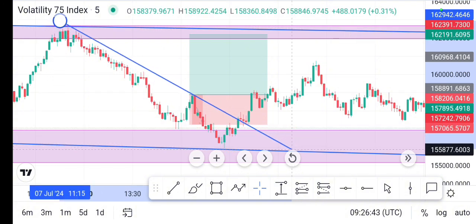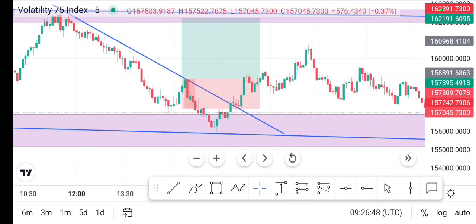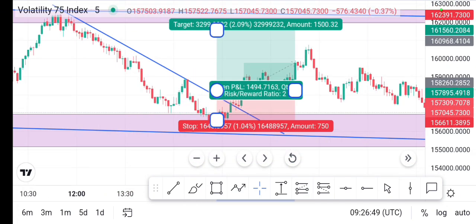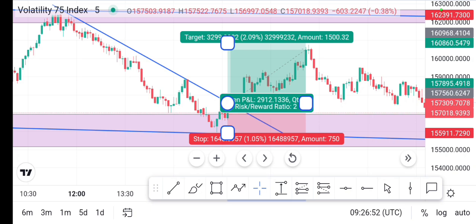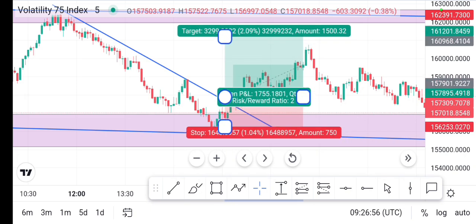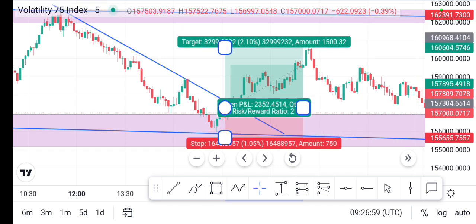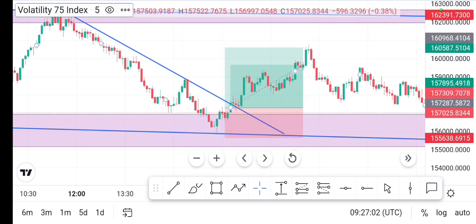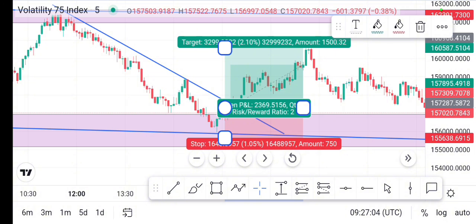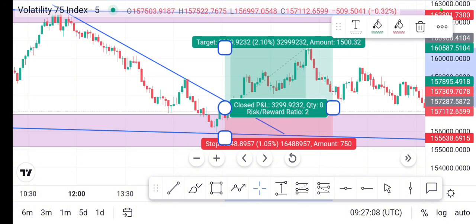So you wait and then the market comes and breaks that trend line again for the second time. You can see that the market, when it comes here, was moving very well after that area. So you can see stop loss below and then target 1 to 2, and it was successfully hit. Are you getting the point?